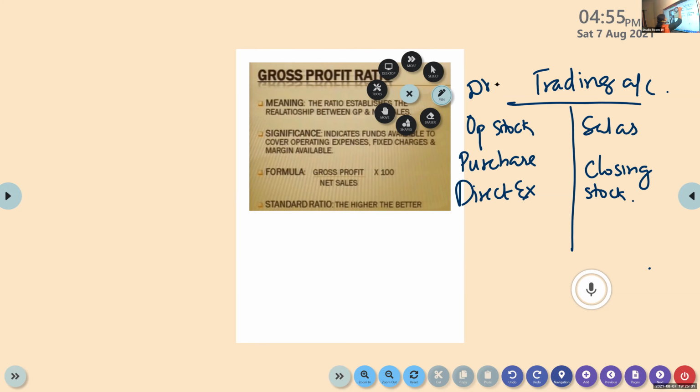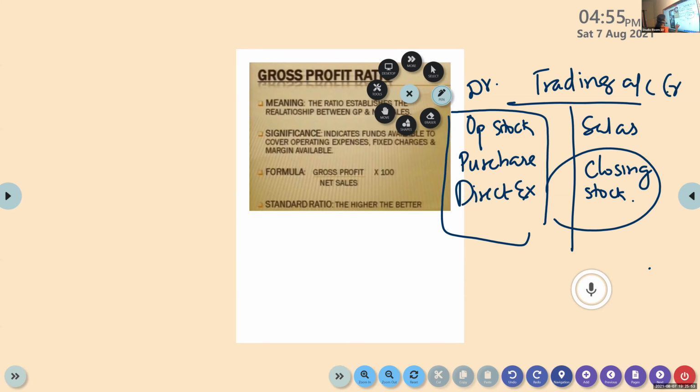On the debit side, you have opening stock, purchases, net purchases. Net purchases means purchases minus purchase returns, and direct expenses. Coming to the credit side, you have sales minus sales returns, the net sales, and closing stock. Now, opening stock plus purchases plus direct expenses minus closing stock will give you COGS, cost of goods sold.